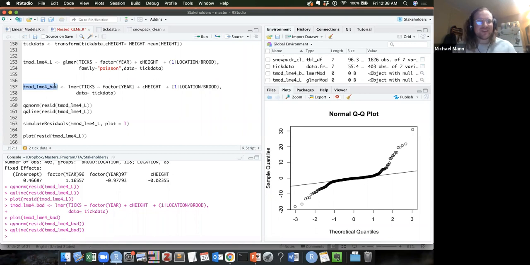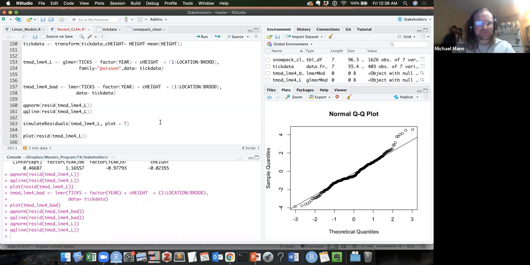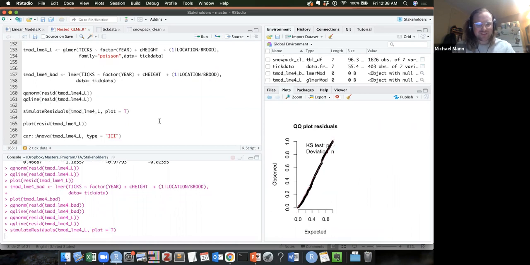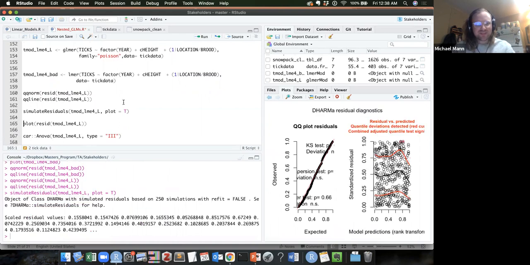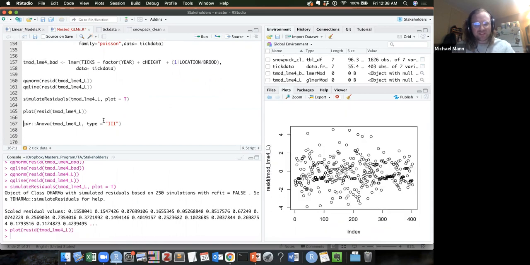But as you can see here, a GLMER model works much better. If you run this one, it tells you there might be some issues with homoscedasticity, but when you plot the residuals, I don't think it looks too bad, so we're not going to worry about that.